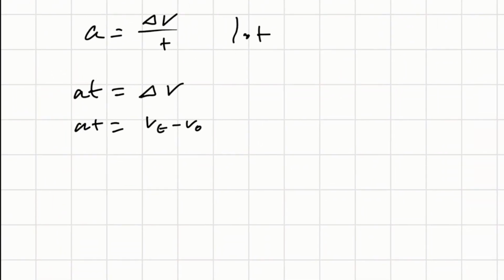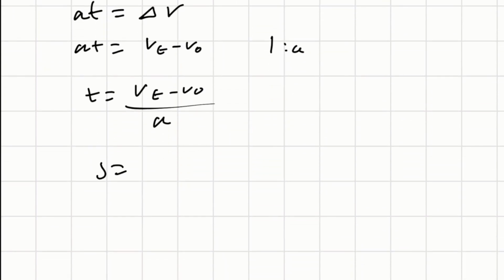Now, the only thing we do is divide this by a. So we get t equals end position minus start position, divided by a. And this is quite easy. So now we actually have all components. Now we just plug this in. So what we get is 1/2 times this formula squared and times a.